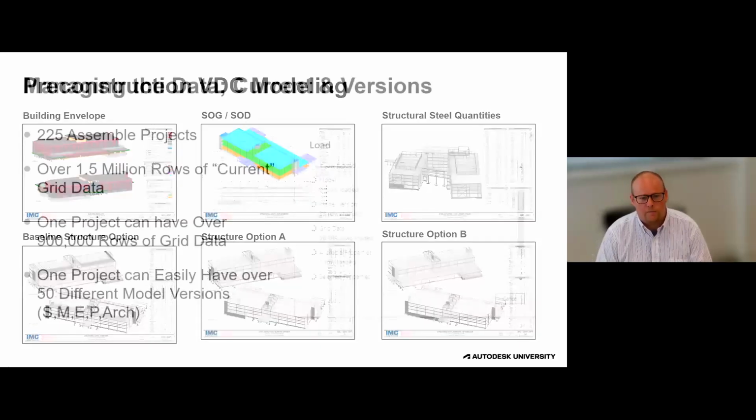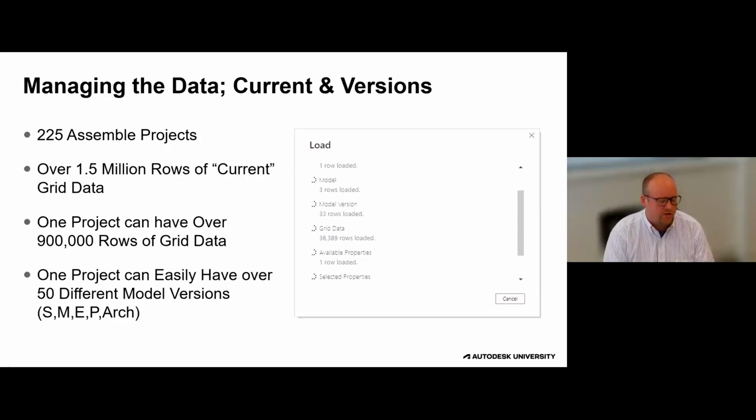On the next slide. So one of the other challenges that we've had is just the amount of data that we have. We have over 225 projects in Assemble. And if we want to compile all of that data to be able to compare projects against each other, we end up with millions and millions of rows of data, and it takes a long time for it to refresh if you try to refresh every single row and every single column of that data.